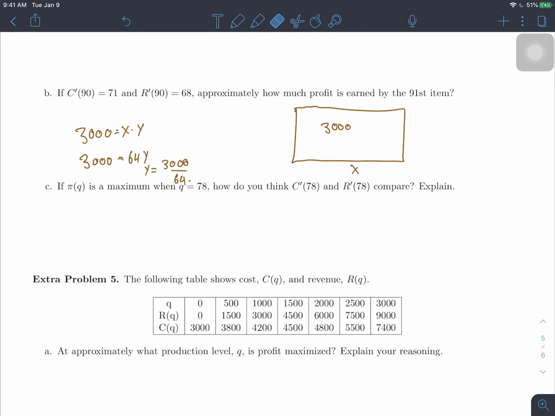And so the key here is to write down all of the dimensions of the rectangle in terms of x. Once I know what this length is in terms of x, and I know that this length is x, then if I want to find out how long the shrubbery is and how long the fencing is, it's just a matter of combining the sides.